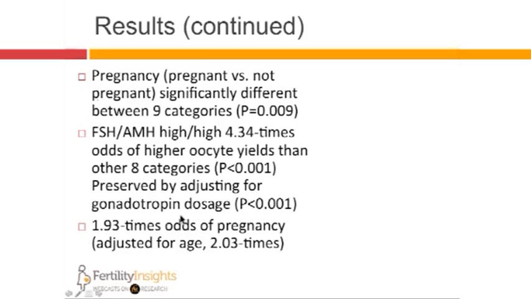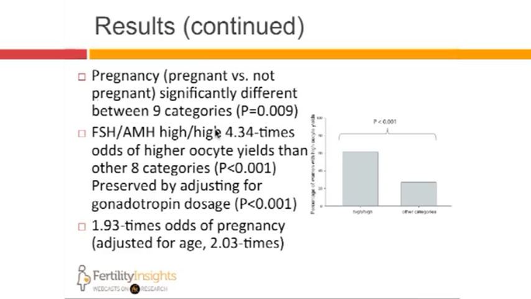And indeed, with age adjustment, the numbers remain almost identical. So the finding of having a high FSH and a high AMH is prognostically a very favorable finding. And here you see the significant difference that I alluded to in terms of oocyte yields between this group with high FSH and AMH and the rest of the patients.